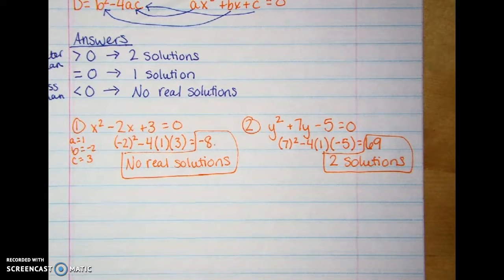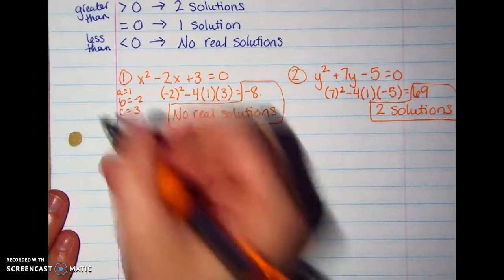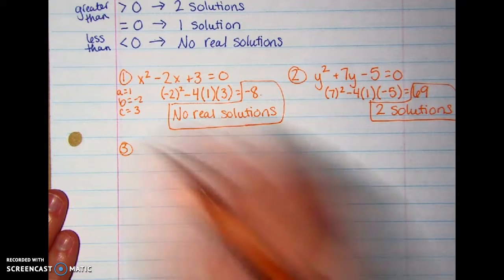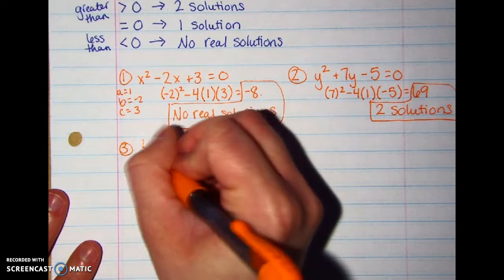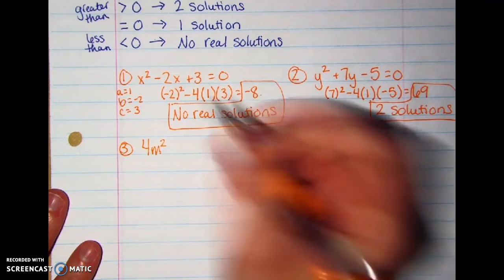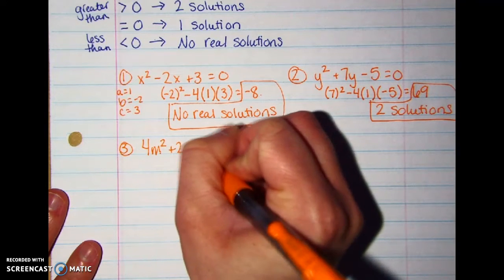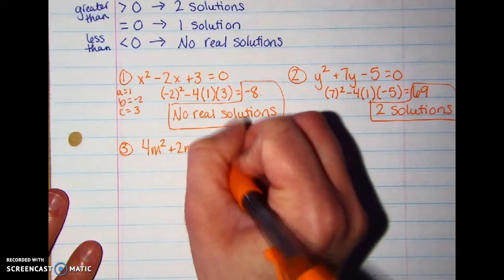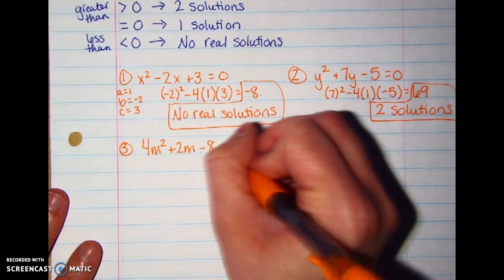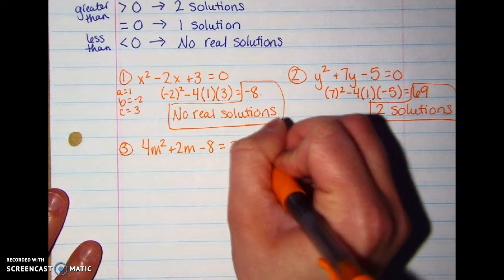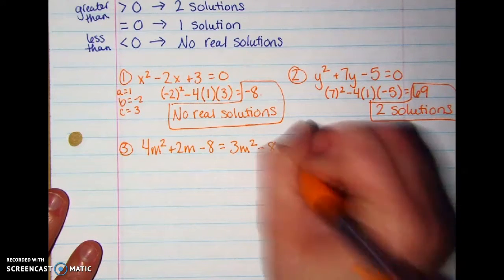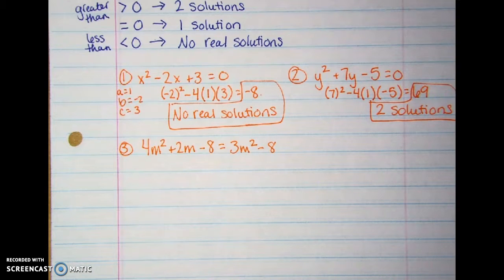Okay, let's do a couple more. This one is 4m squared plus 2m minus 8 equals 3m squared minus 8. Before I can find the discriminant, I need everything on one side.